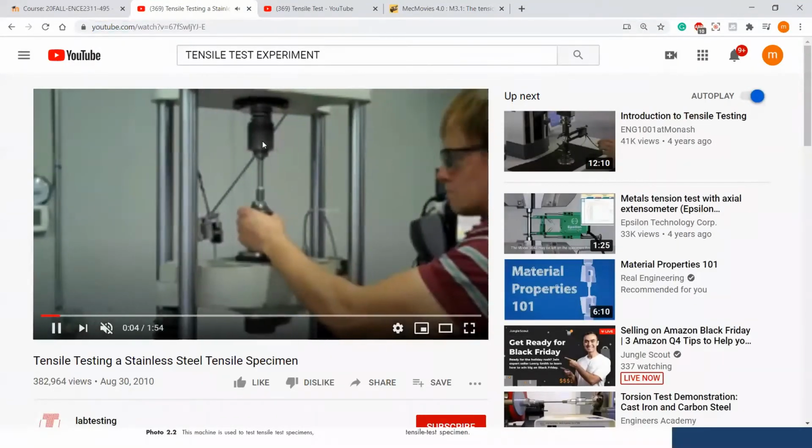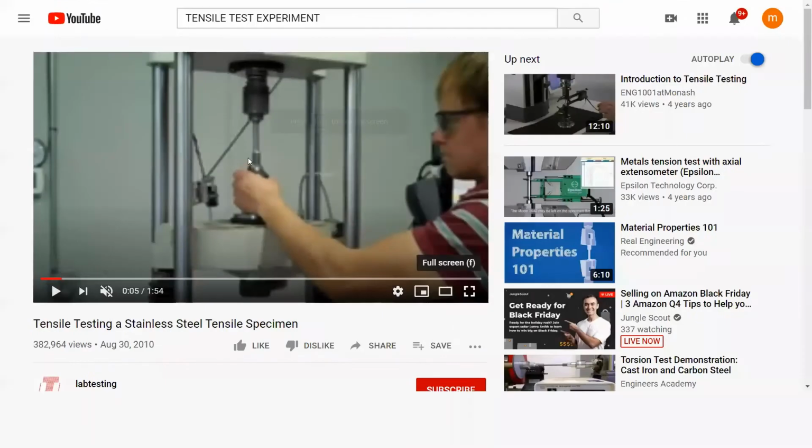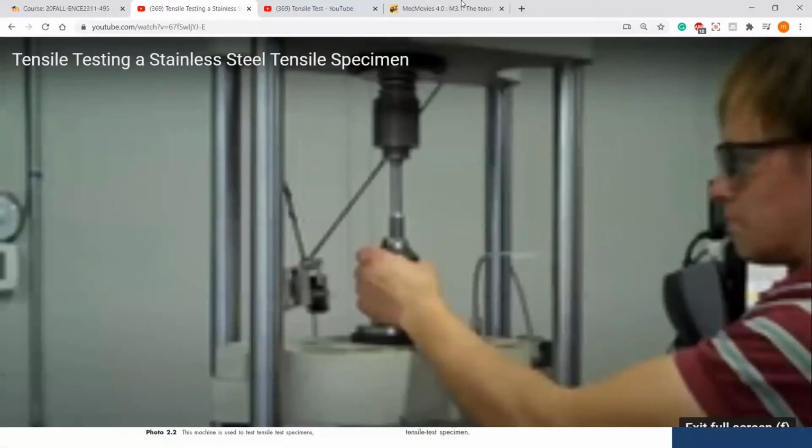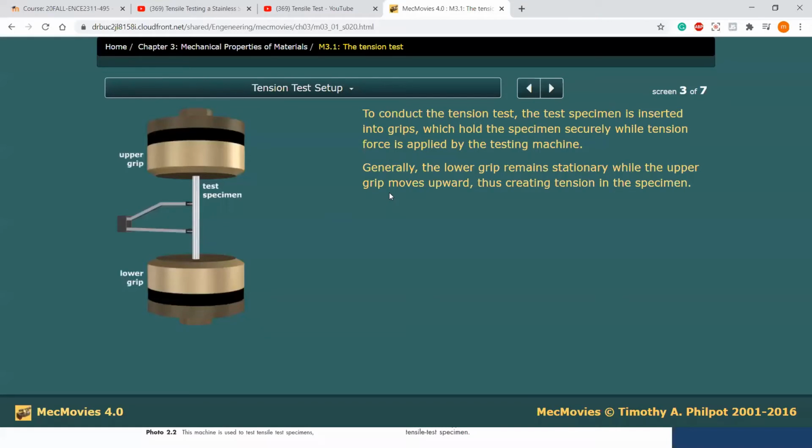So if you look at the upper section, and this is the lower section, and you have a tensile test specimen in the middle. Also, they are measuring the gauge length with an equipment. I forgot the name.